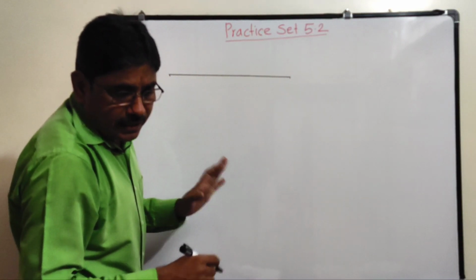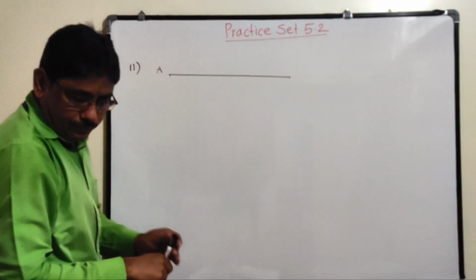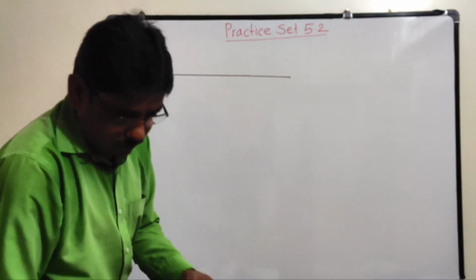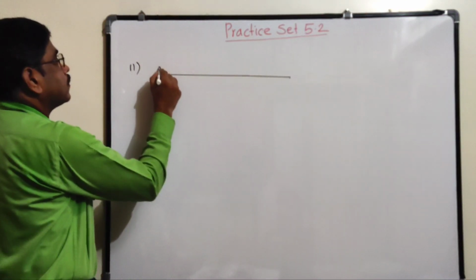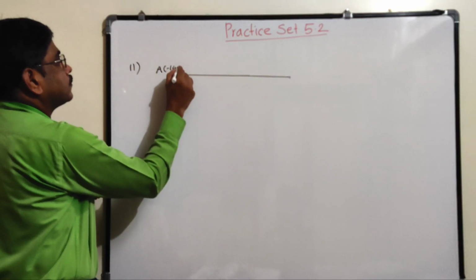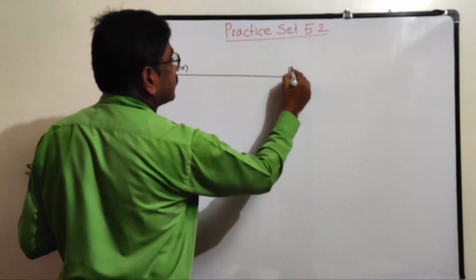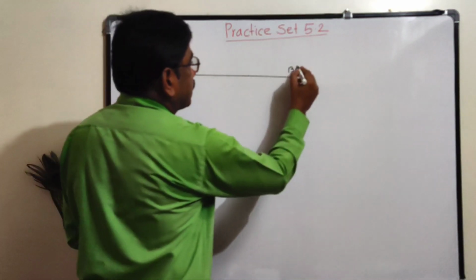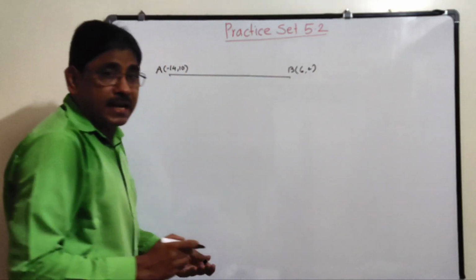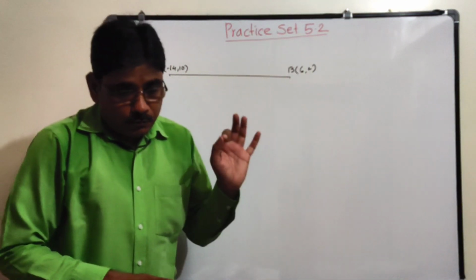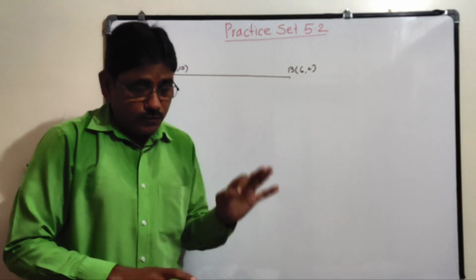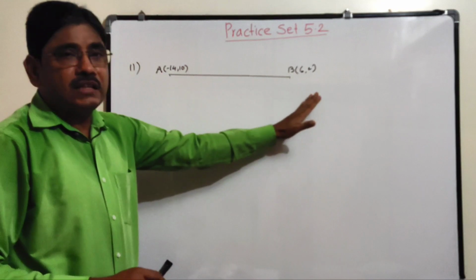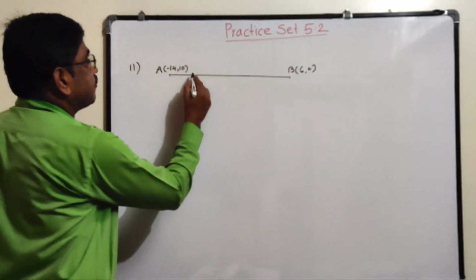A is (-14, 10) and here B is (6, -2). Now here 3 points are there because we have to find the coordinates of the points which divide the segment into 4 equal parts. If we want 4 equal parts, then we have to take 3 points.